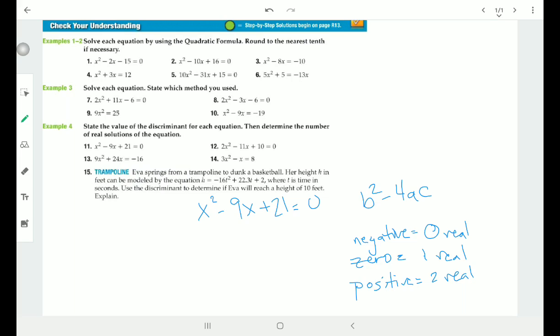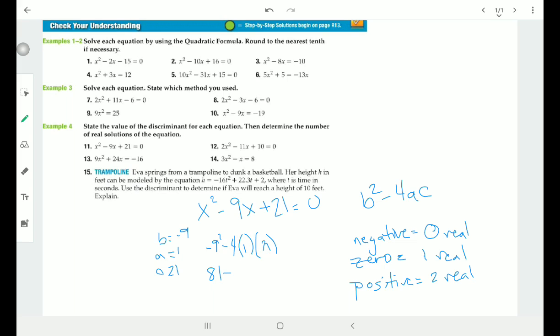So if I am using this formula, b is negative 9, a is 1, and c is 21. And if I plug all of that in, I get b squared, so negative 9 squared, minus 4 times a, which is 1, and c, which is 21. Well, negative 9 squared is 81, minus 4 times 1 times 21.